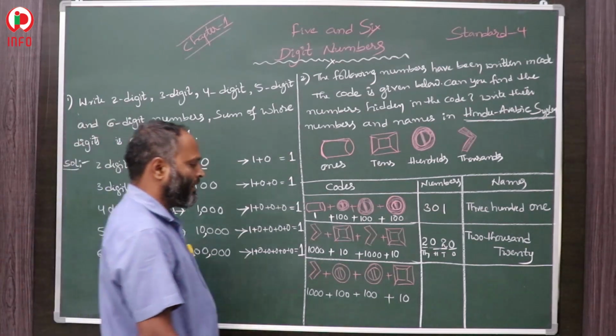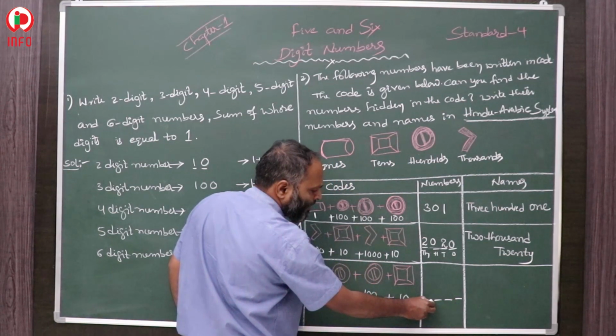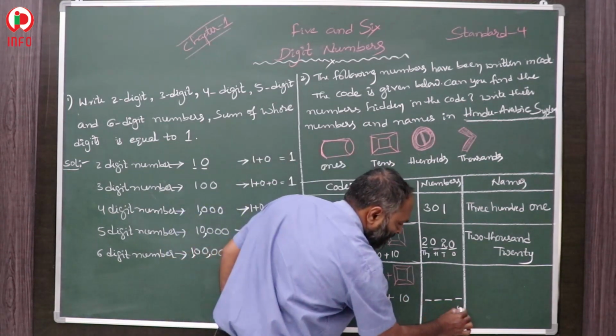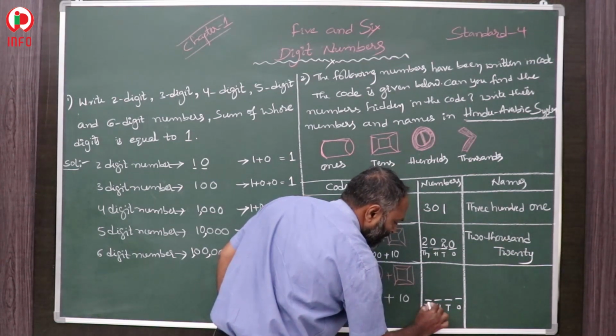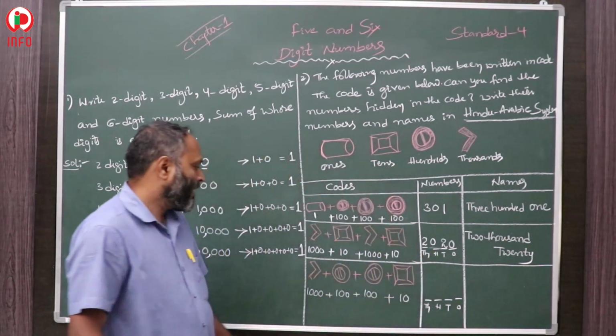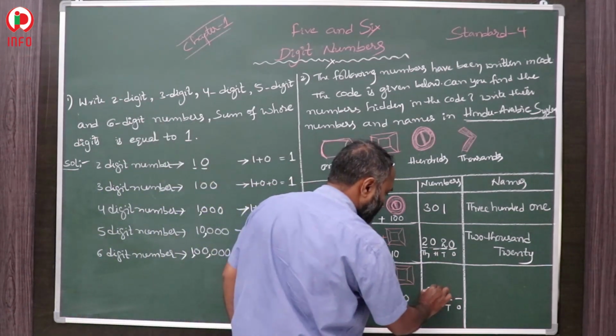Here ones, tens, 100 and 1000. This is ones place value, this is tens place value, this is 100 place value, this is 1000 place value. How many thousands are there? Only one arrow, that is 1000.